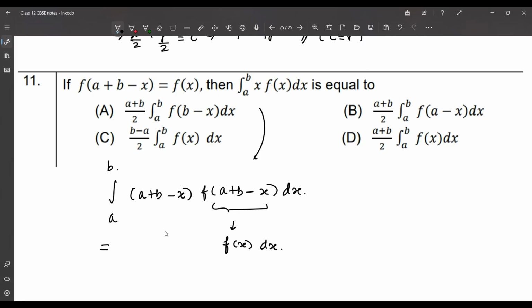plus b, this is I. So integration of a plus b minus x, this is a to b.